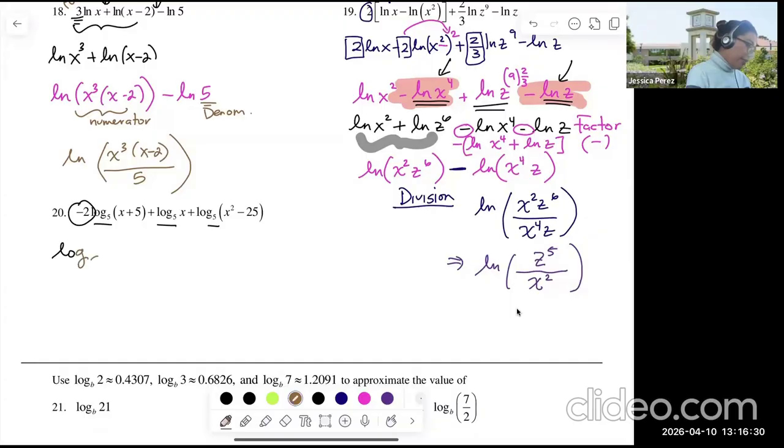Log base 5 of x plus log base 5 of x squared minus 25 minus 2 log base 5 of x plus 5.